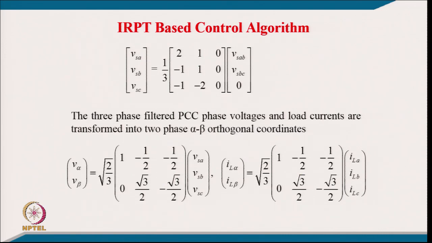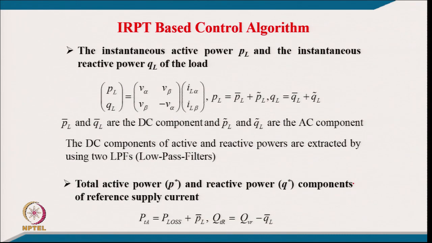For the mathematical proof, the supply phase PCC voltage and the load current are transformed into two-phase quantities, from VA, VB, to alpha beta by Clarke transformation. Similarly, the load current we transform to alpha beta, and then we calculate PL and QL from these two relations, that is, the total power with DC component and AC component, and using the loss component we take the DC component, which is only the fundamental component of the active and reactive power of the load.